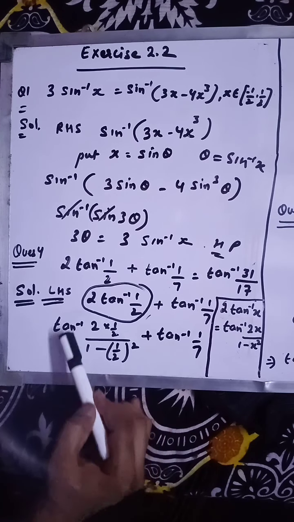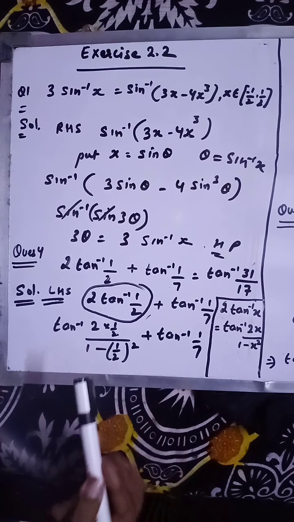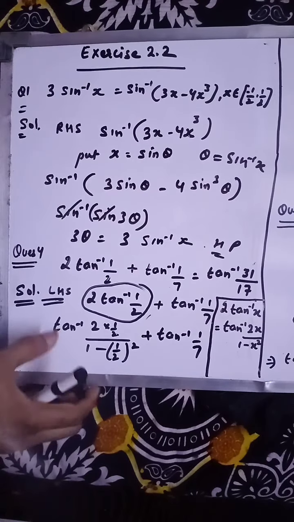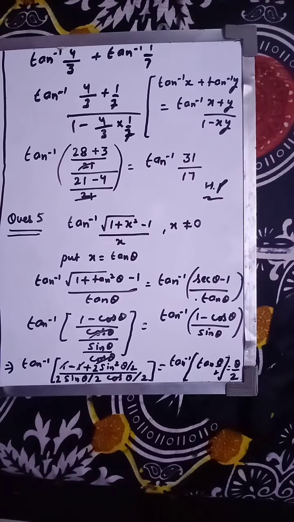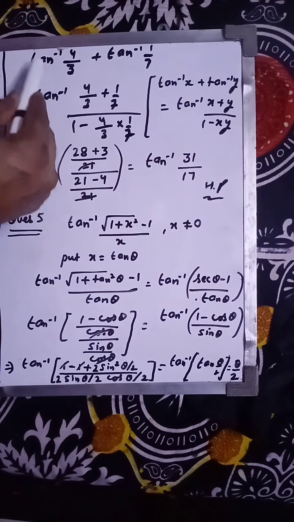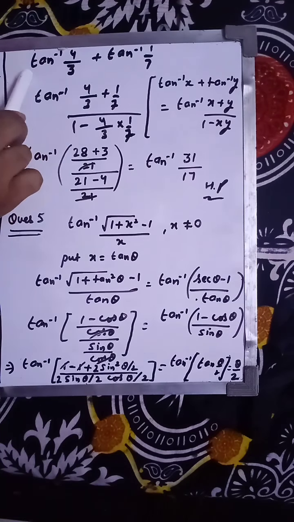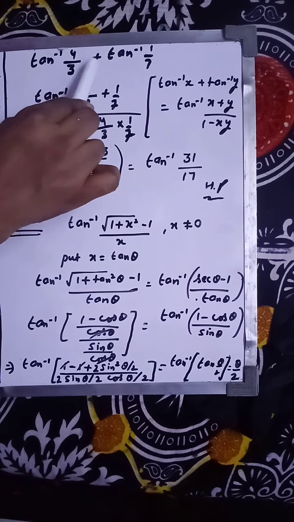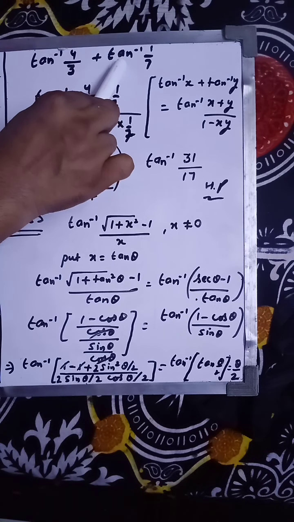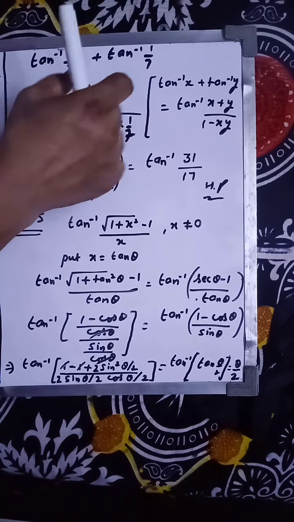Got it? So here you have to do some calculation, and after calculating this you will get tan inverse 4 by 3 plus this second term, which will remain the same. Now here again you have to apply the formula.